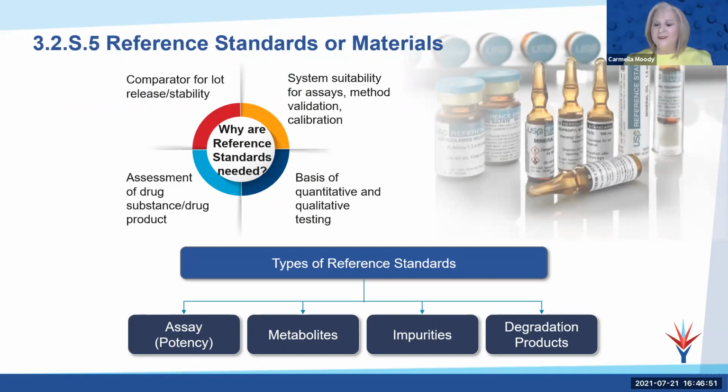Make sure that you set aside enough reference standard under the most stable conditions so that you will have that material to bridge back to. During the development program, you're going to need reference standards for potency assay, for your metabolites, your impurities, your degradation products. But you don't have to have all of that information at phase 1. And also, depending on what your active is, you may be able to purchase a reference standard from the USP. Next slide.